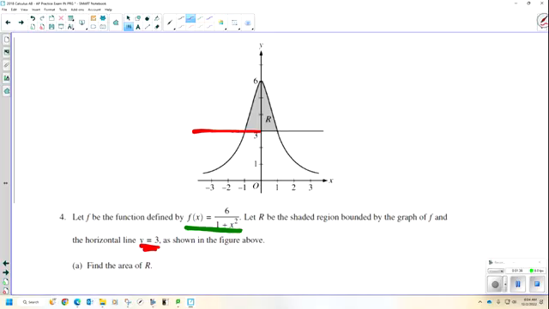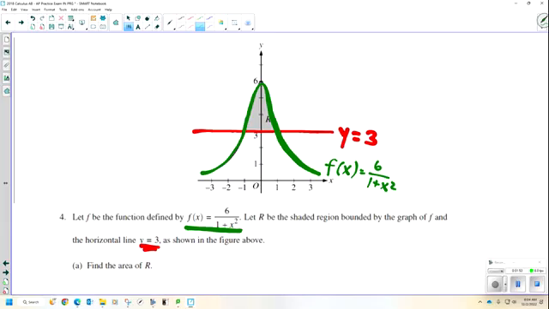This is the equation y equals 3, but you should have known that already. And this is f of x, 6 over 1 plus x squared. And our lovely region R is right here in between them.